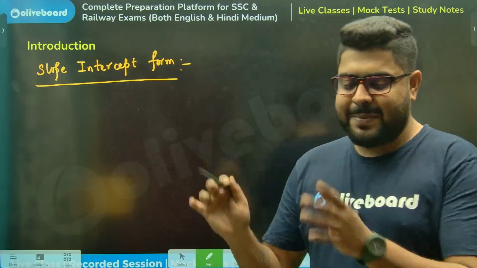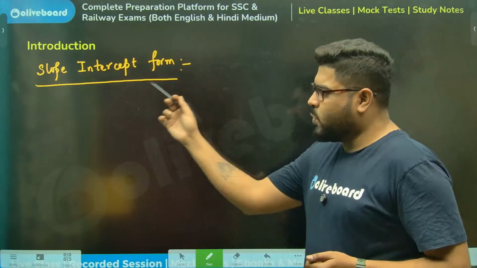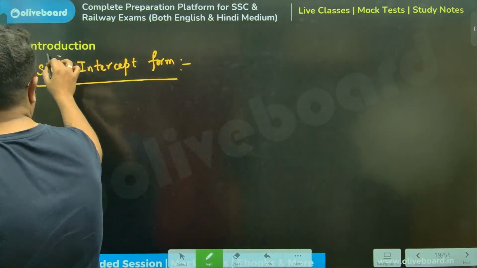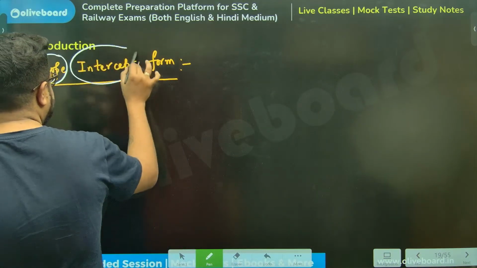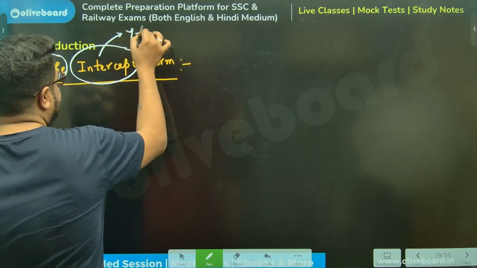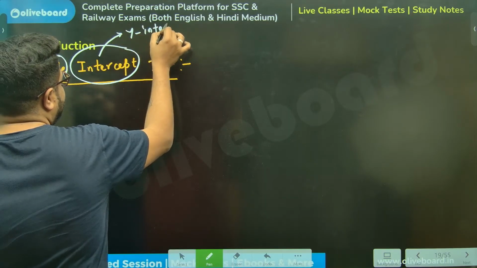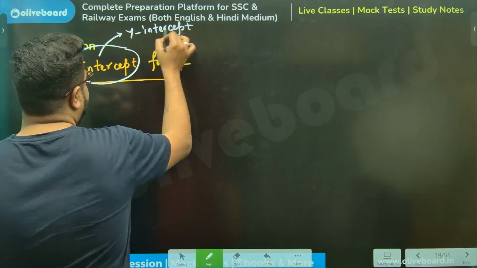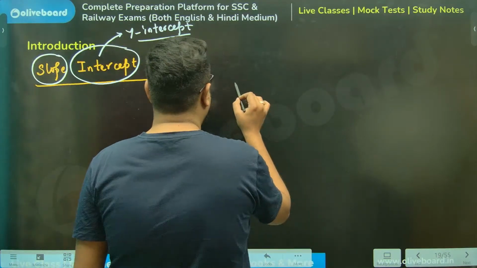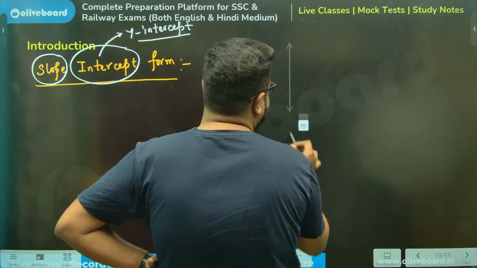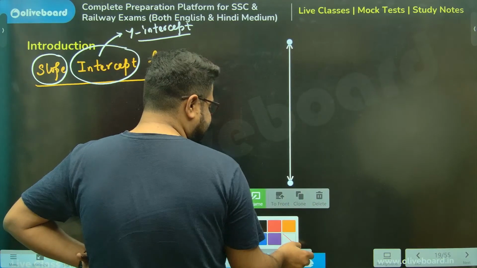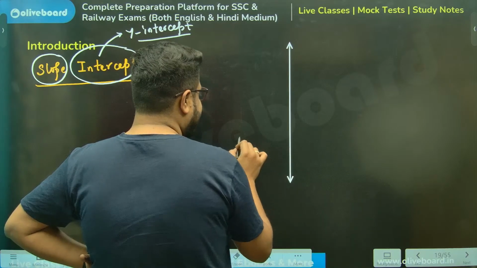Everything is there in the name always. Slope and intercept. Now, which intercept? Remember, if we only say intercept, that means y-intercept. For the first form, I'm showing you the proof as well. But don't ask this for everything, because then I will take one month to complete only this chapter.